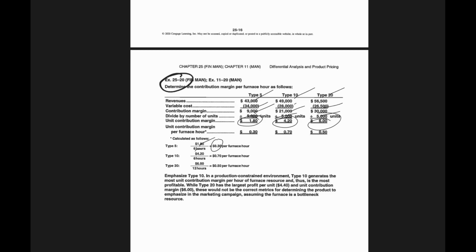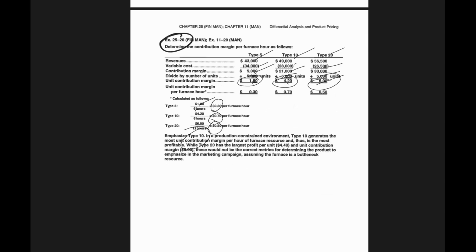Do the same thing for type 10, 70 cents. And for type 20, 50 cents. So knowing that, even though the unit contribution is higher for type 20, when we look at the hours in the furnace, type 10 is the one that we want to market because it's the most profitable.